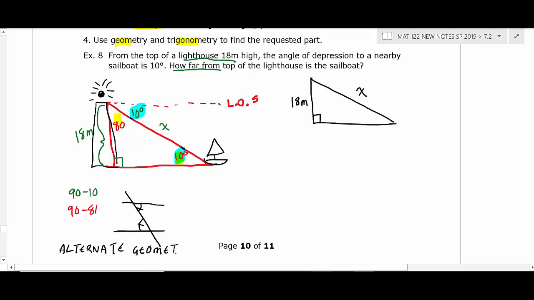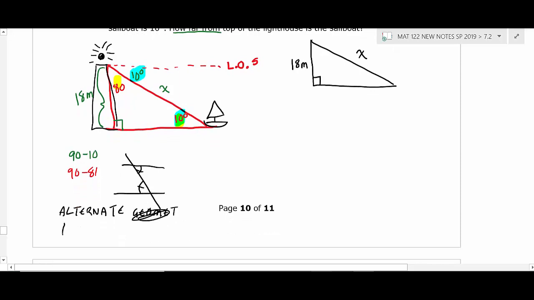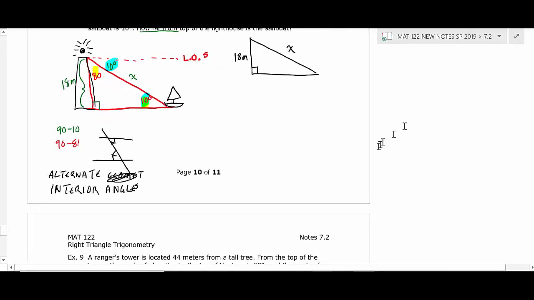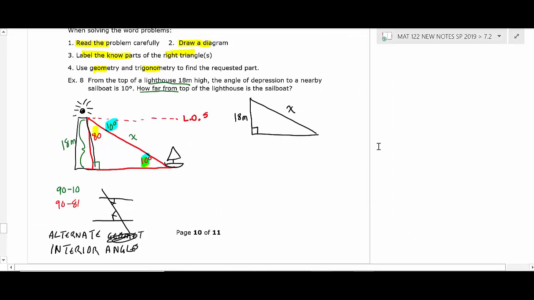What I meant to say was alternate interior angles. That's worth writing down because that's a vocabulary word or concept that you may have to look up a little bit and review if you need to. You use that alternate interior angle theorem quite a bit in trigonometry.